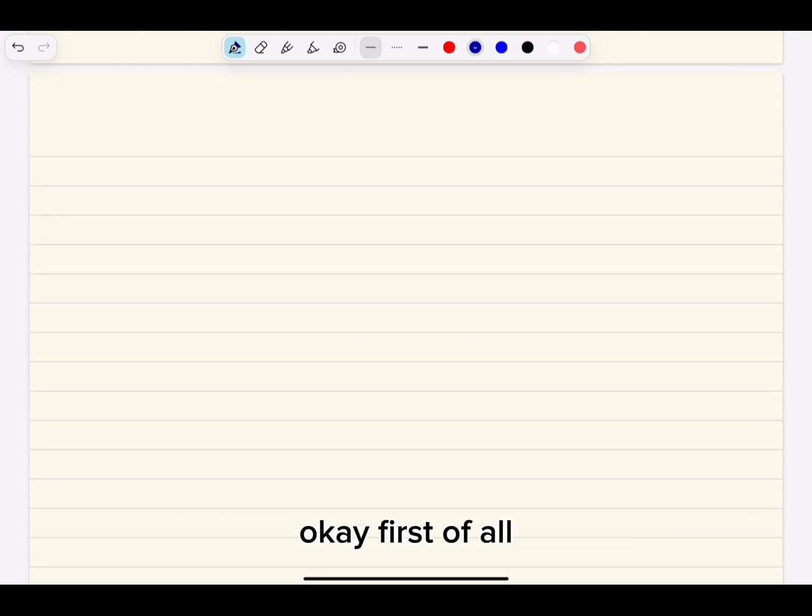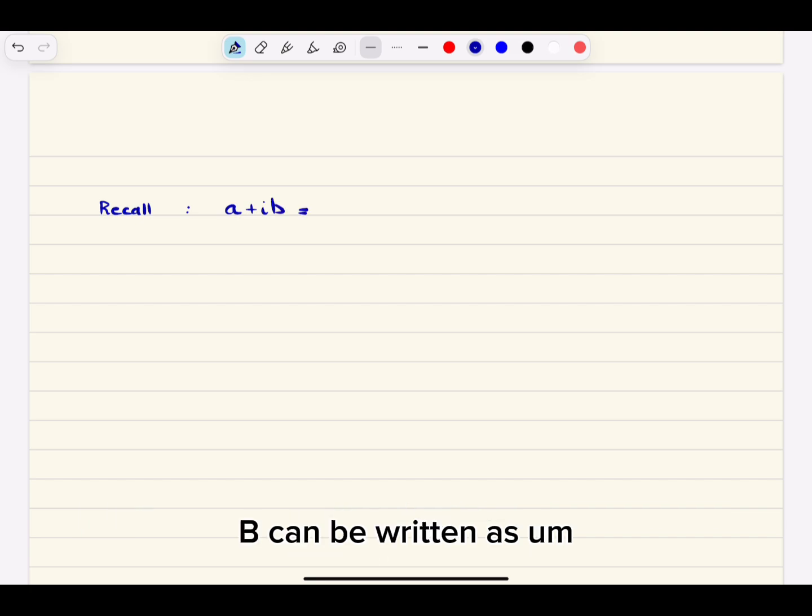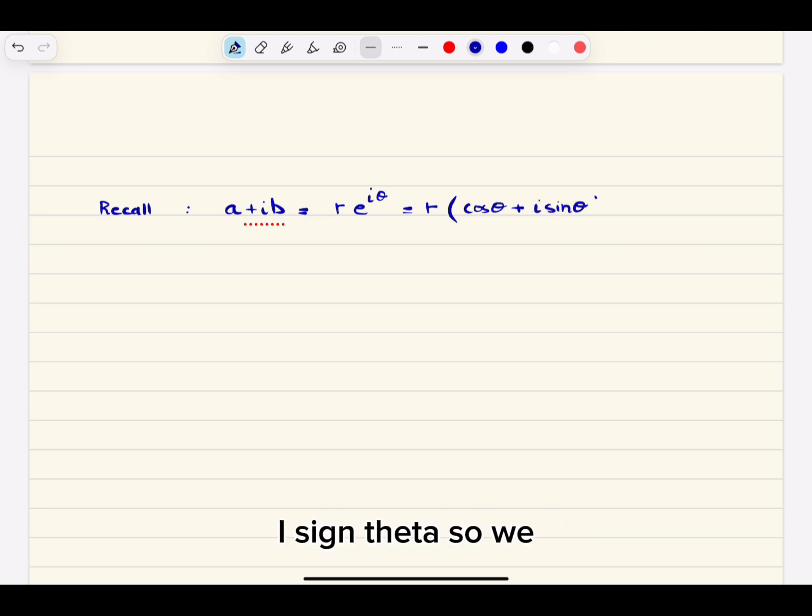Okay, first of all, just recall that we said any complex number of the form a plus ib can be written as r e^(iθ), which is r (cos θ plus i sin θ).